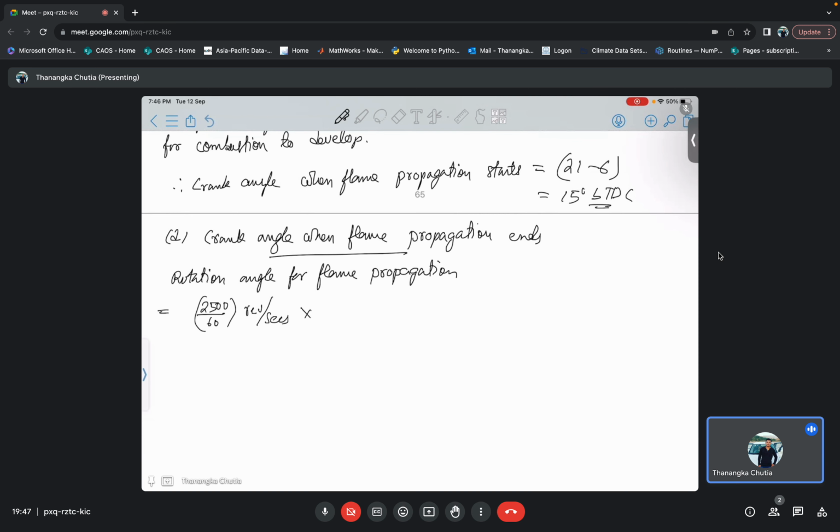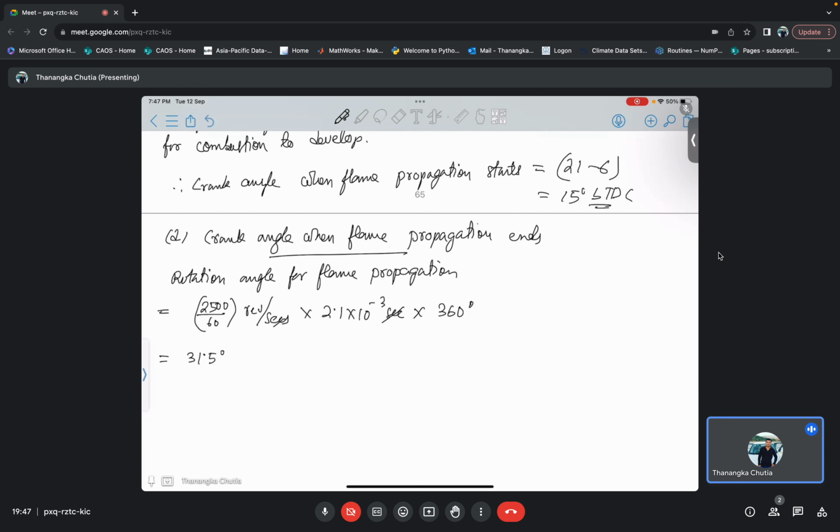Okay, and the flame propagation time is basically 2.1 into 10 to the power minus 3 seconds. Okay, so that means this much revolutions is completed within this much amount of second, and in one revolution 360 degrees, so this one into 360 degrees. So this is your crank angle that it will make. So that means 31.5 degree.